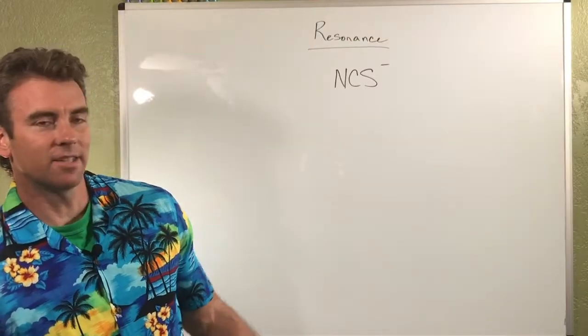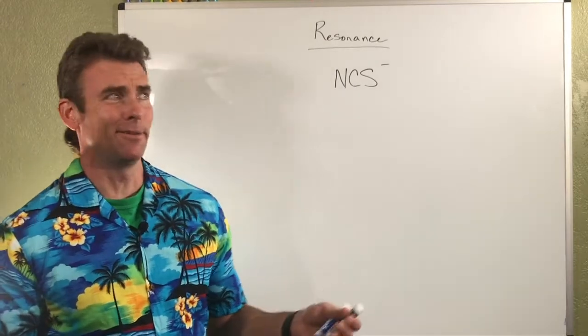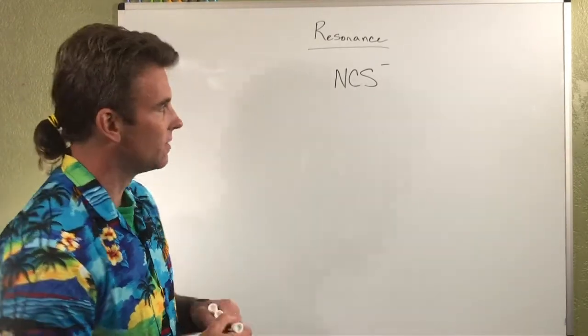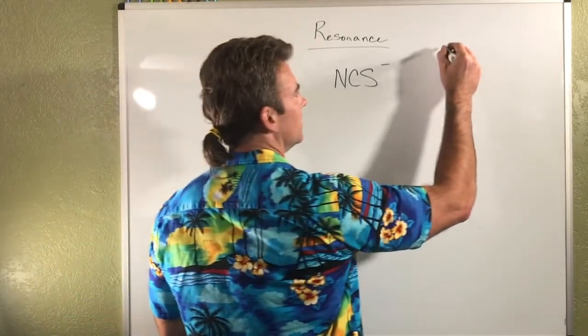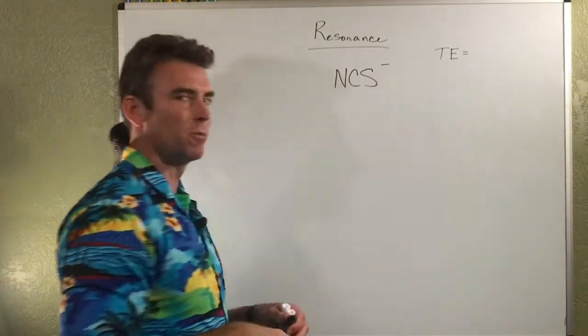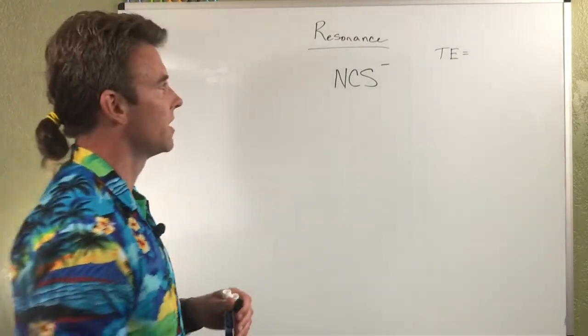Okay, so we've got isothiocyanate, but of course you knew that, NCS minus. So let's go through and total up all the electrons just to make sure that when we start throwing double bonds in, we don't do anything crazy.